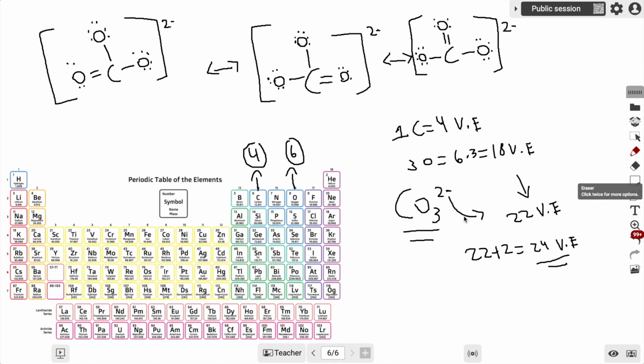But I should have mentioned this earlier as well: if this was a plus 2 charge, we would actually subtract 2. So instead of being 24, if this was plus 2, it would be 20. So just keep that in mind. If it's a minus, we add it. If it's a plus, we subtract. But in this case, for carbonate, it was a minus 2, so we added the 2 to the 22, which gave us 24 valence electrons in total.